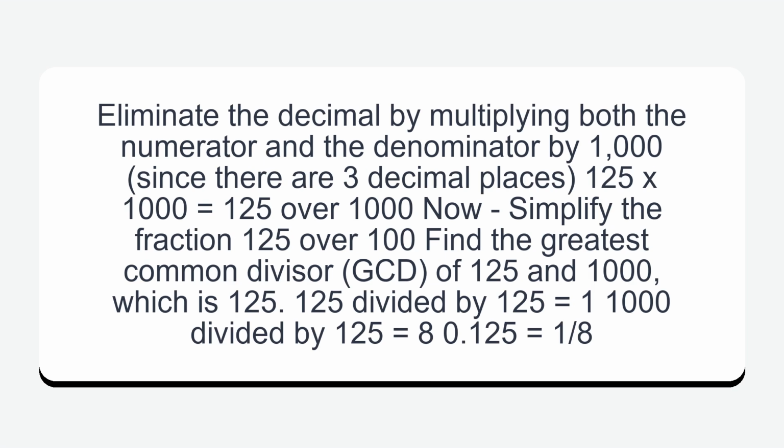Eliminate the decimal by multiplying both the numerator and the denominator by 1000, since there are 3 decimal places. 0.125 times 1000 equals 125 over 1000. Now, simplify the fraction 125 over 1000. Find the greatest common divisor, GCD, of 125 and 1000, which is 125. 125 divided by 125 equals 1. 1000 divided by 125 equals 8. 0.125 equals 1/8.